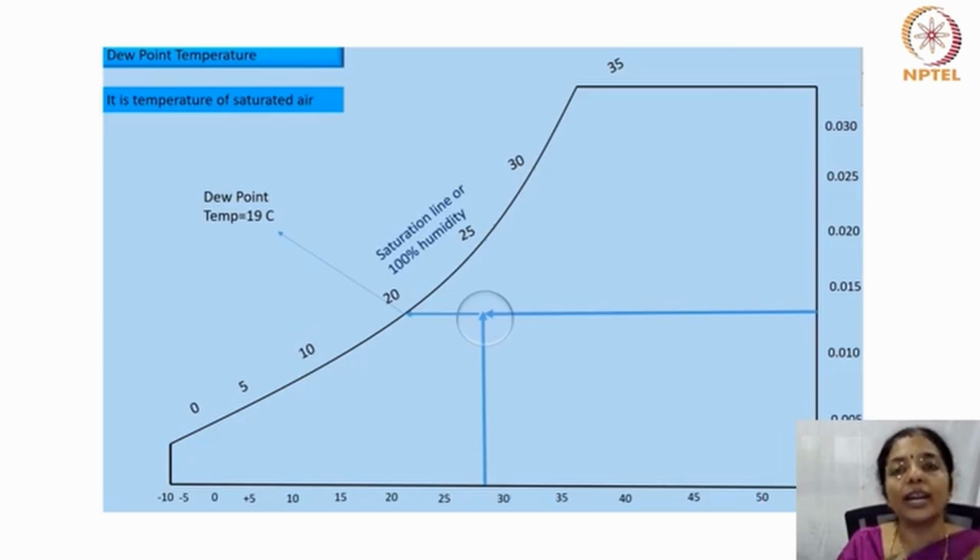How can you find the dew point temperature? If dry bulb temperature and humidity ratio are known, then you can easily find the dew point temperature.